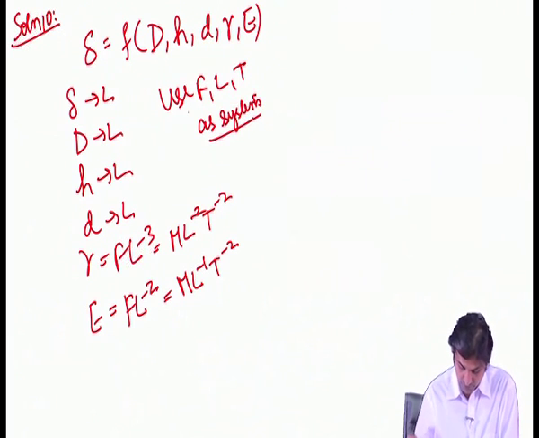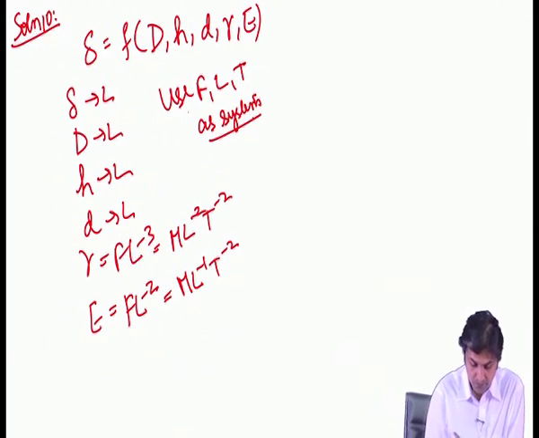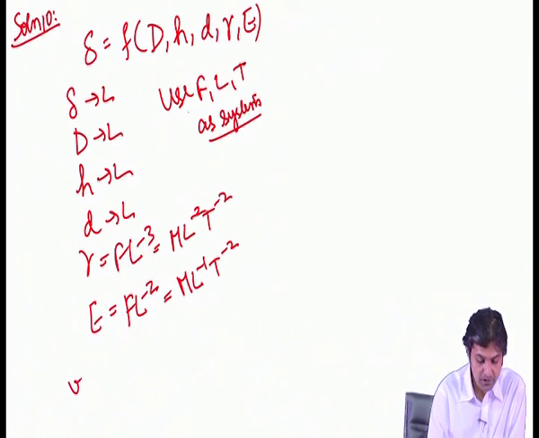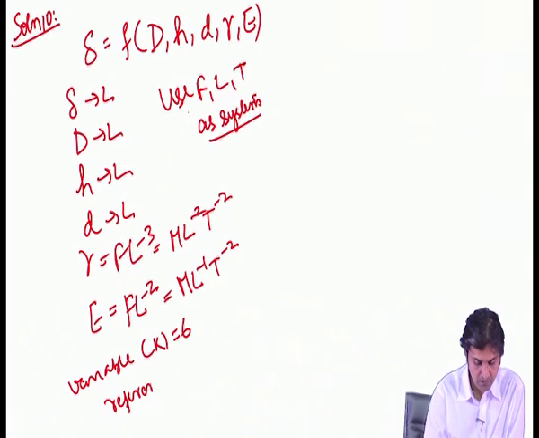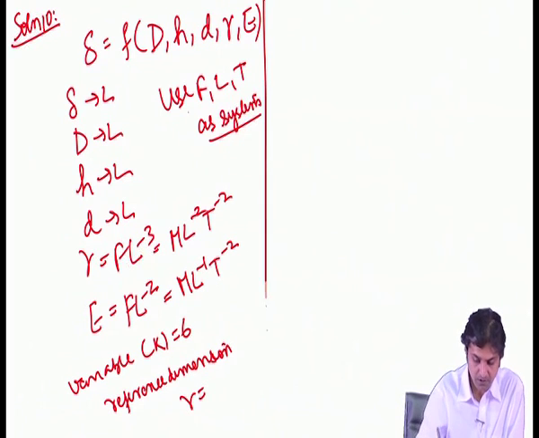So how many variables? k is 6, and reference dimensions r is how much?